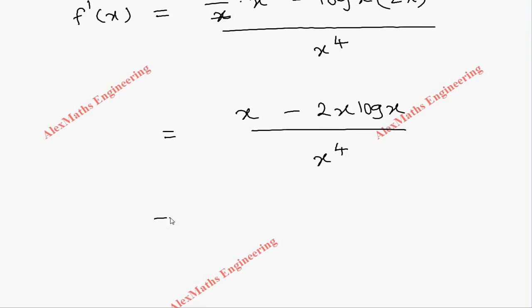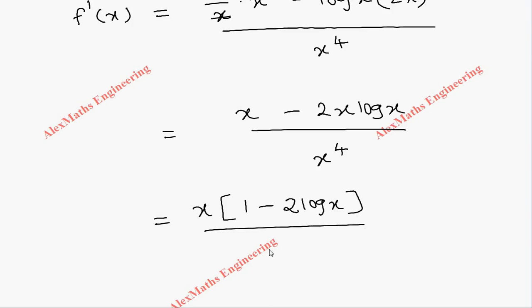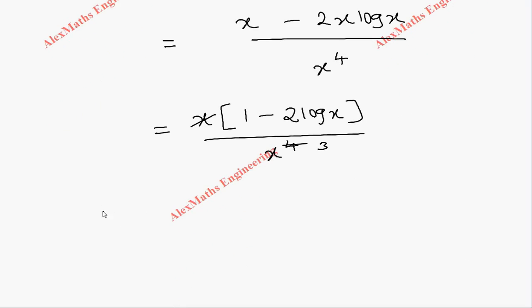Then we can take x common in the numerator. We get 1 minus 2 log x whole divided by x power 4. So we can cancel this, and we become x cubed. Now as per the procedure, we have to equate the numerator separately to 0 and the denominator to 0. But from the denominator we get x equal to 0.